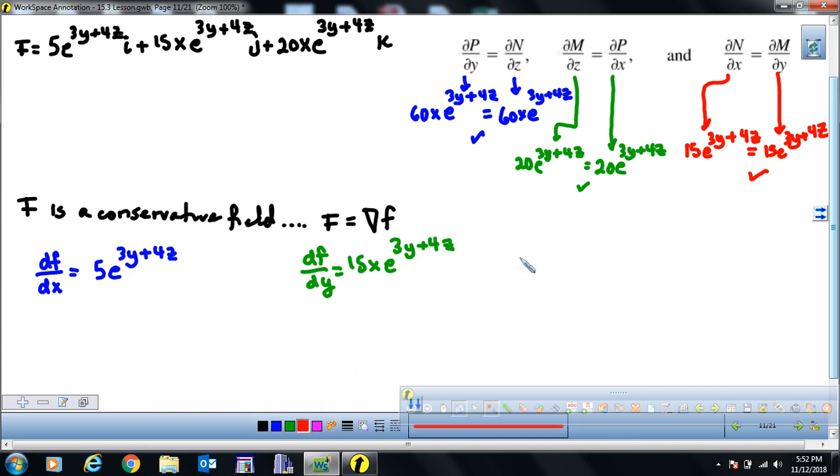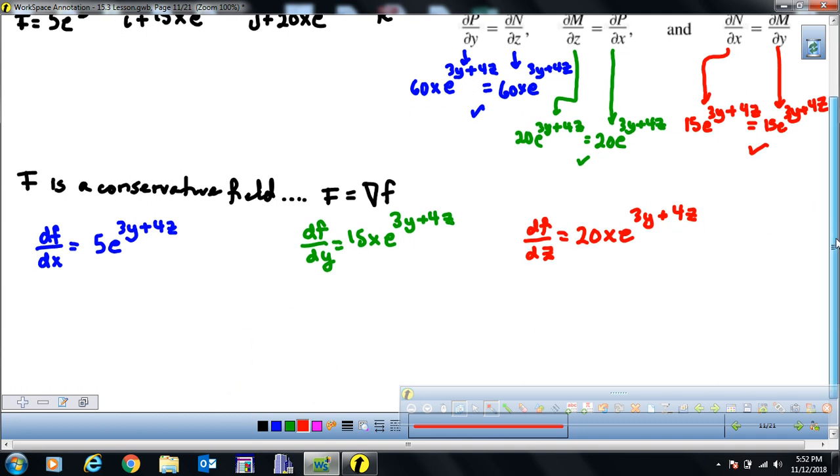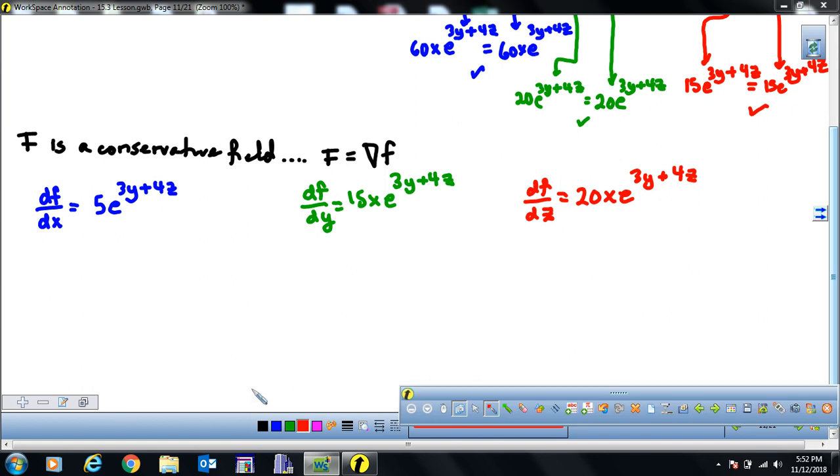And last but not least, the derivative of some potential function f with respect to z equals 20x times e to the 3y plus 4z. And now we're going to work this out.